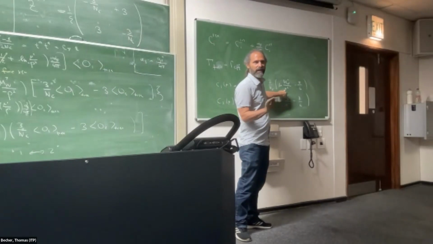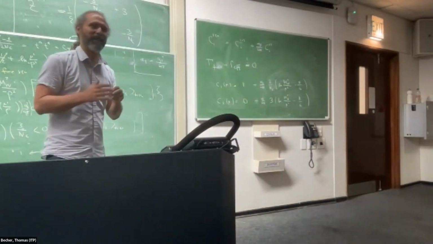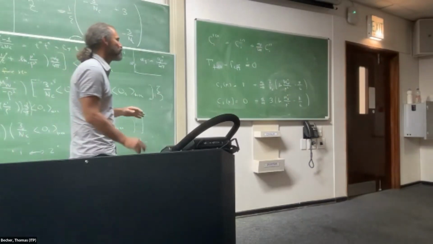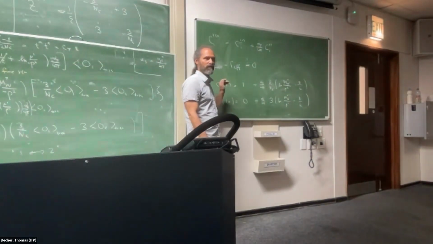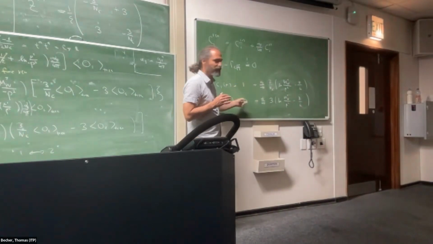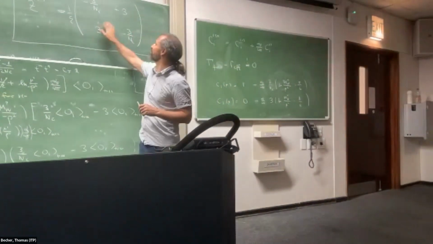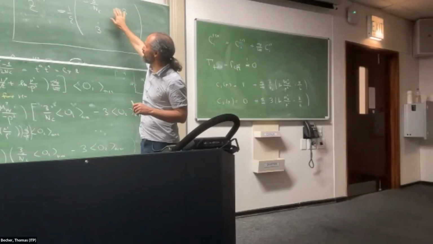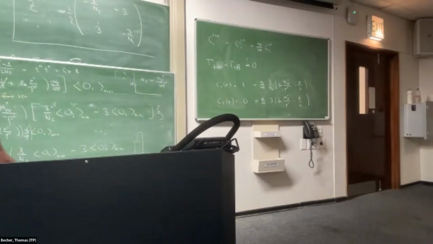The physics at the end of the day cannot depend on mu. This mu was sort of an auxiliary scale to have the usual dimensions we saw when we did dimensional regularization. So this has to drop out, and this gives a condition. So there's an equation that tells you how this evolves with mu, and it evolves with something related to this anomalous dimension matrix. And this we will look at tomorrow.